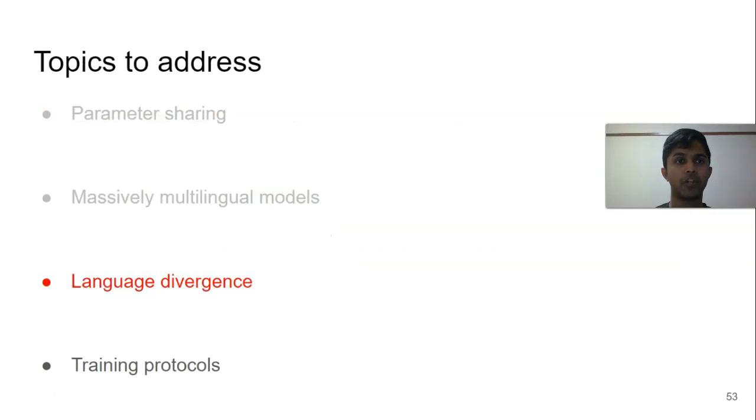Having talked about parameter sharing in massively multilingual models, it's time to dive a bit deeper and talk about differences between languages and how languages may interfere with each other and thereby prevent the improvement in translation quality, and solutions on how we can overcome the language divergence issues in order to push the quality of multilingual neural machine translation.